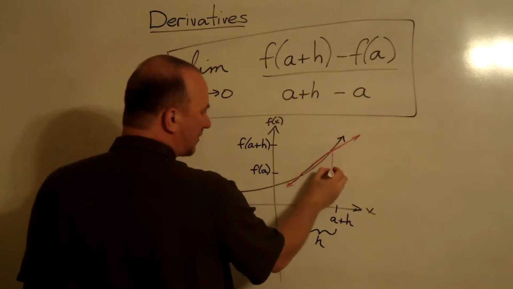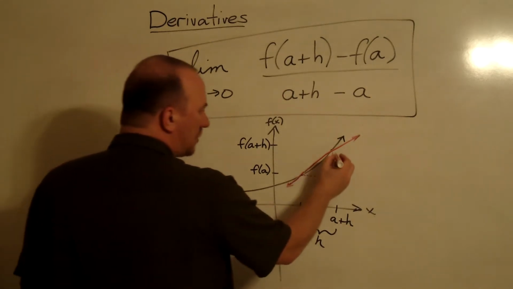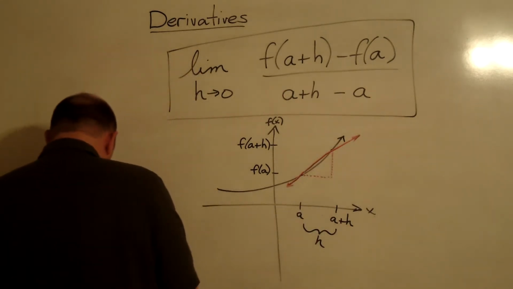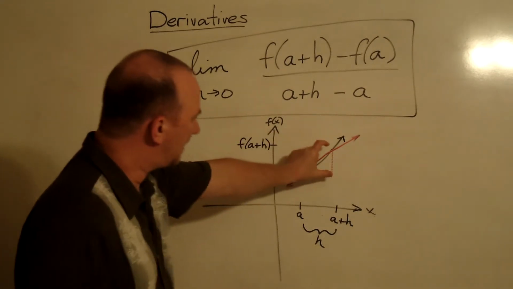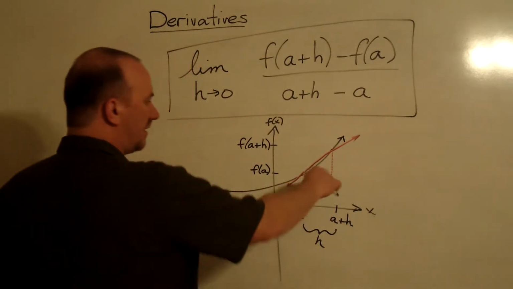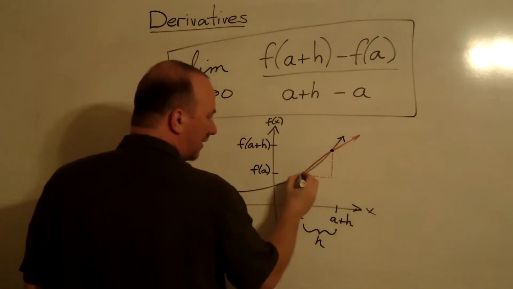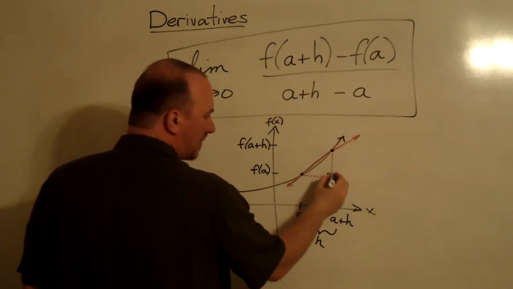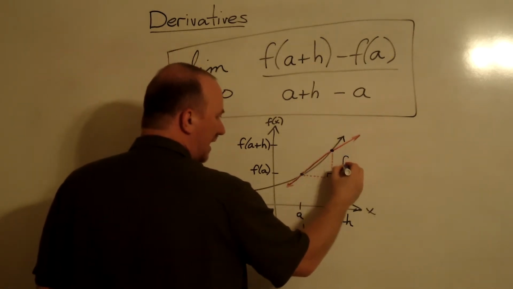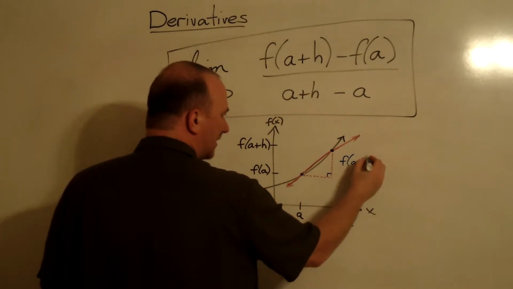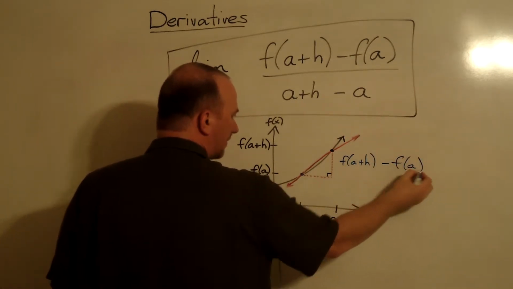If we make this triangle, I'm doing dashed lines here, I want to know what the height of the triangle is. If you think about it, the distance between this corner and that point right here, we made a 90-degree triangle, would be f of a plus h minus f of a.